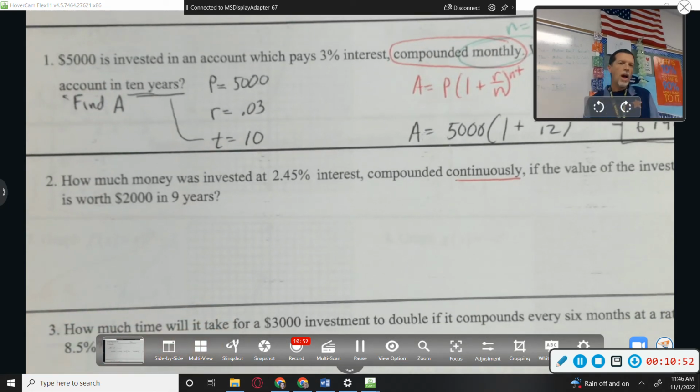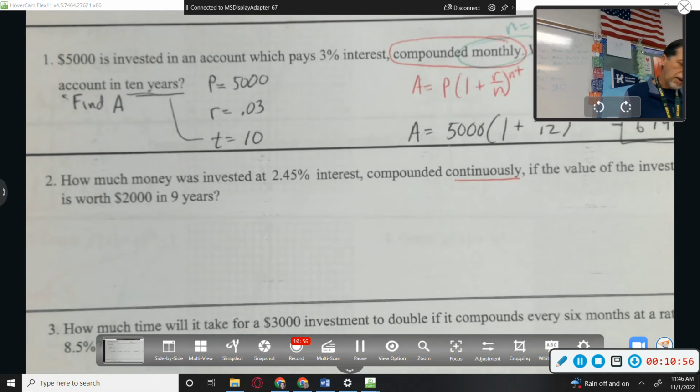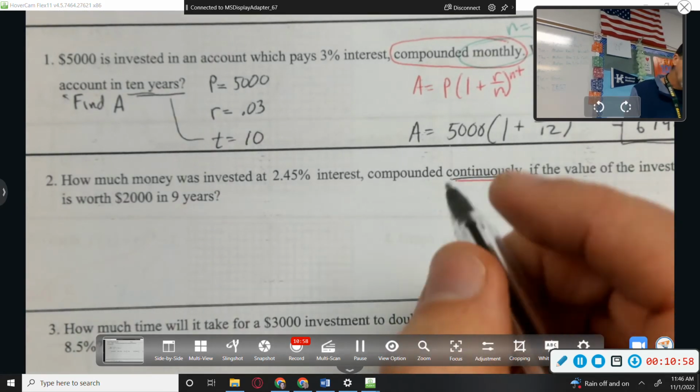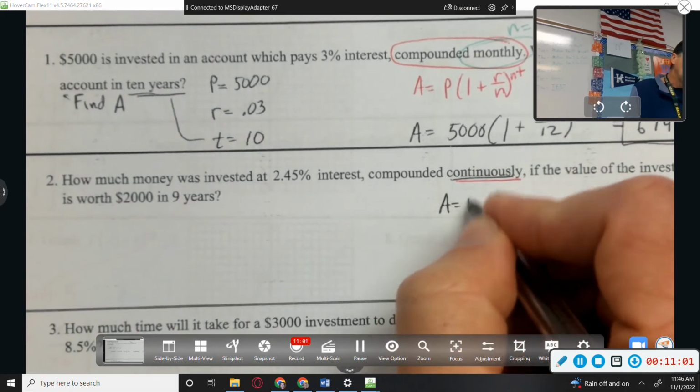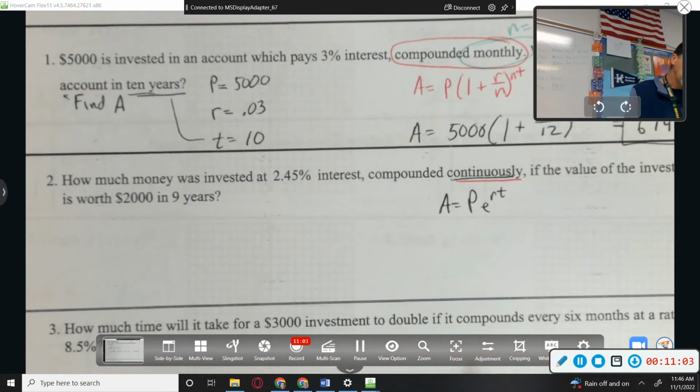Number 2, how much money was invested at 2.45% compounded continuously? So that means we need the continuously compounded formula. Okay, what's it asking me for? Okay, this one's reverse.